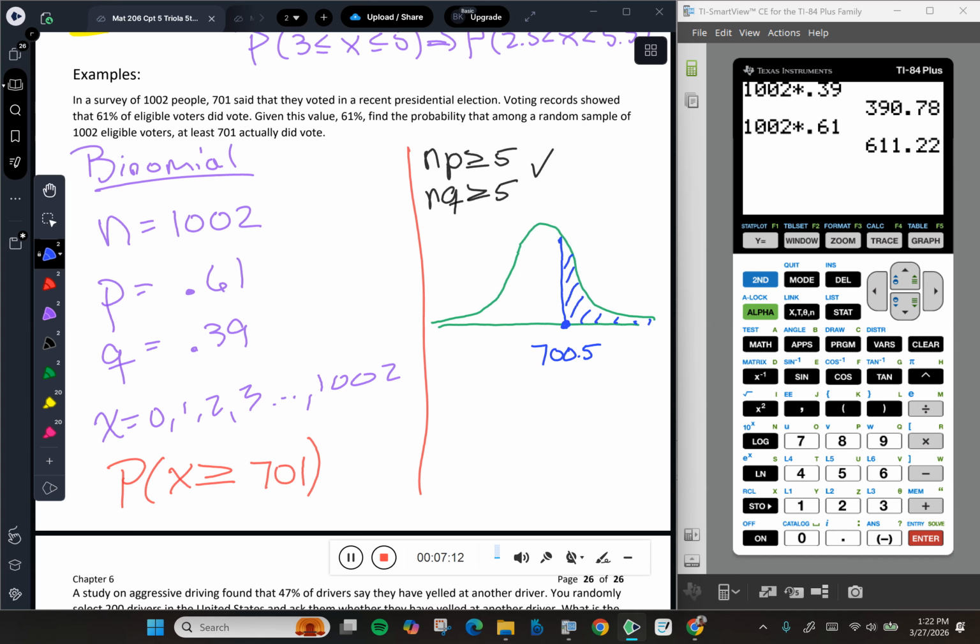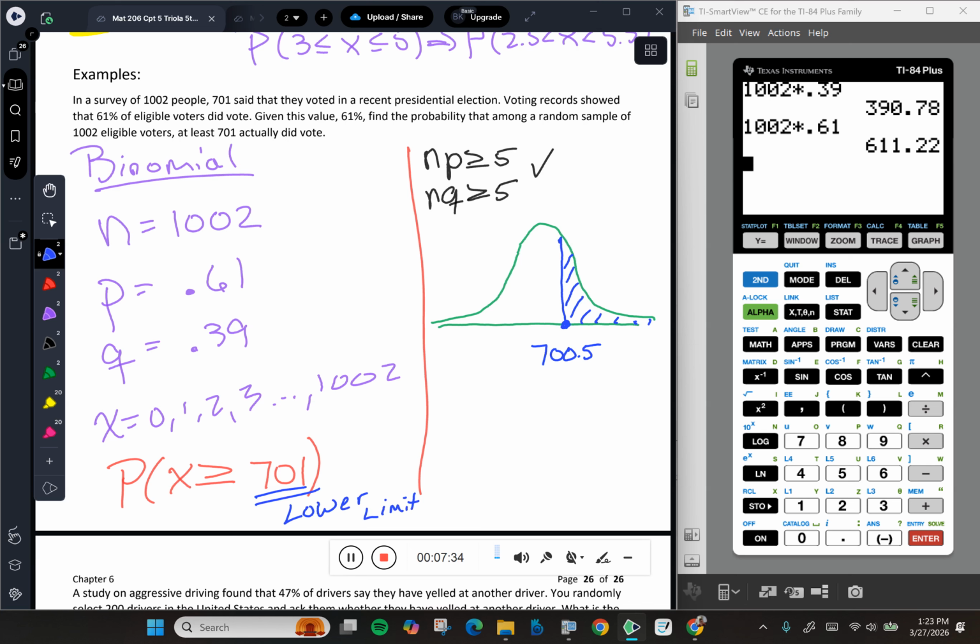Where did 700.5 come from? Well, if 701 is a lower limit, I take lowers down by 0.5, I take uppers up by 0.5. So since it's a lower limit, we go down by half a unit, 701 minus 0.5, 700.5.